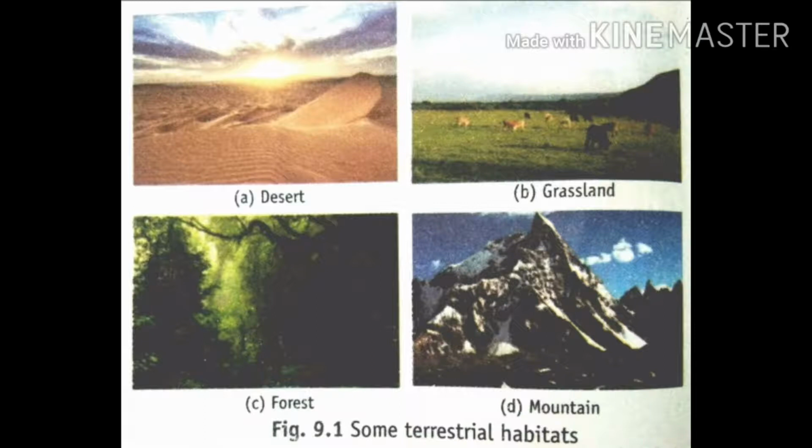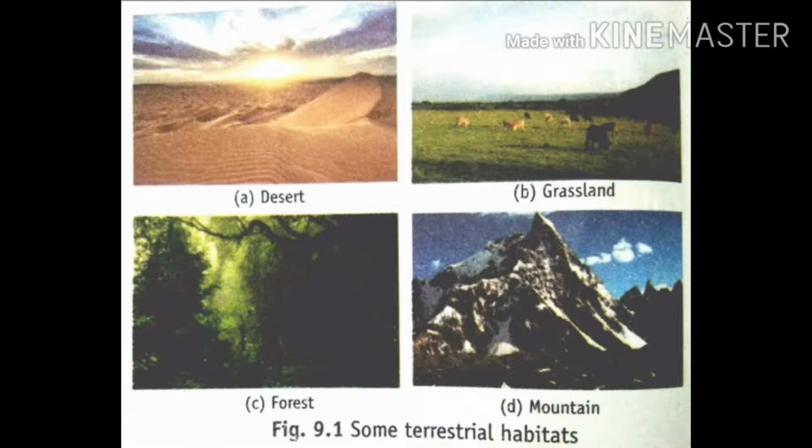The organisms living in such habitats are monkey, snakes, tigers and a large variety of trees. And then mountain habitats. This one is cold and windy. Snowfall also takes place in the higher mountains. Goats, yak, sheep and pine trees can be seen in mountain habitats.